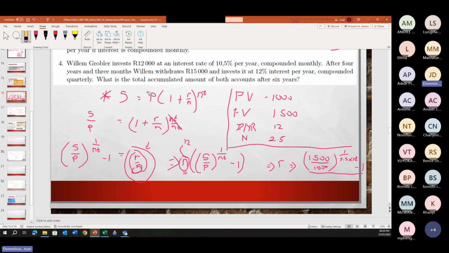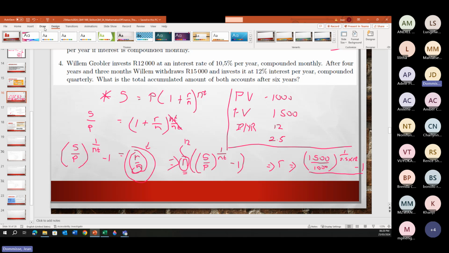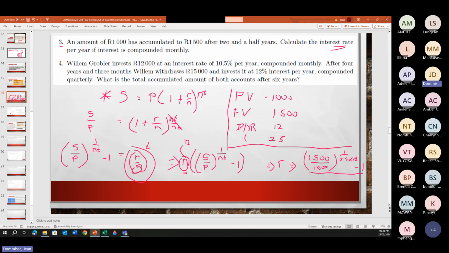So let's just make it T so that it is also in line with the calculation on this side. That will be a 30 period.